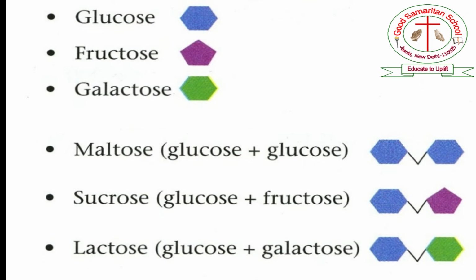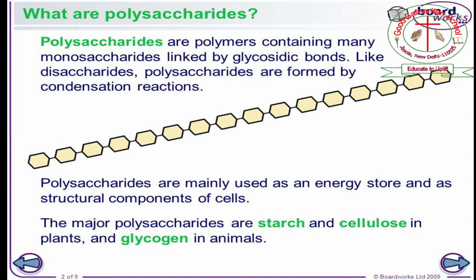And polysaccharides are formed when glucose monomers are linked together to form a long chain. This long chain of glucose units is ideal for storing energy, and animals, including humans, store energy in the form of glycogen.